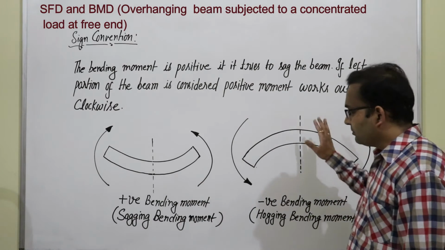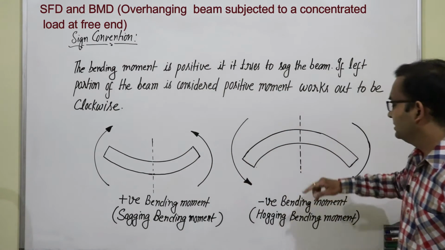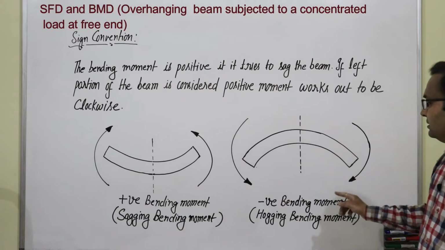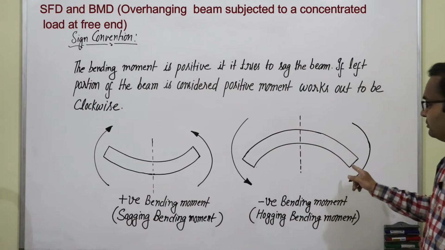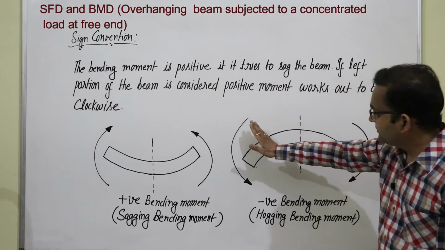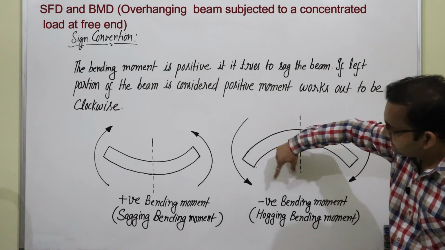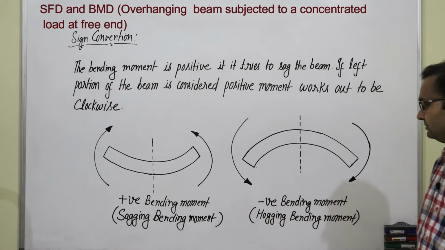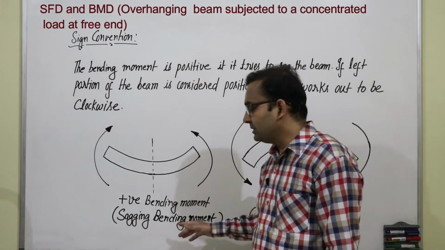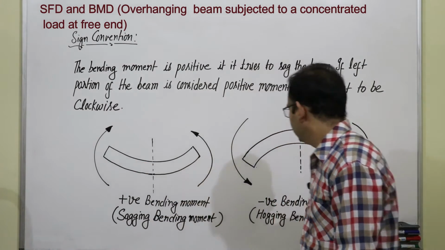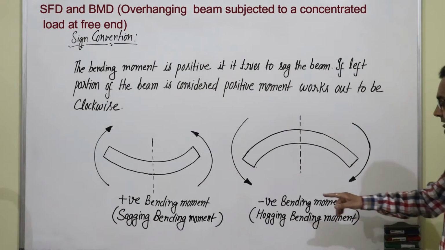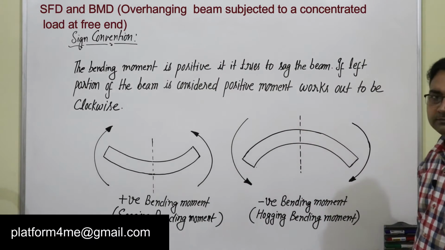If it is opposite of this one, it is hogging. It is negative bending moment because at the left portion bending moment is anti-clockwise. This is positive bending moment in which beam is sagging. This is negative bending moment in which beam is hogging.